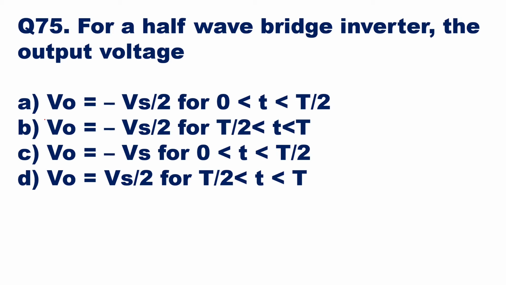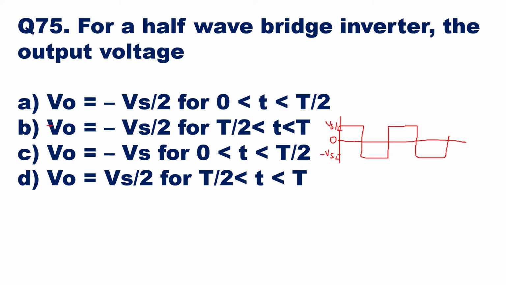Okay, so here again, if you remember the output waveform for a half wave inverter, you can see that output waveform when you draw. So here you can see you will be having the alternating quantity across the load. So this alternating quantity, you see that it is from 0 to Vs by 2, and this is minus Vs by 2.